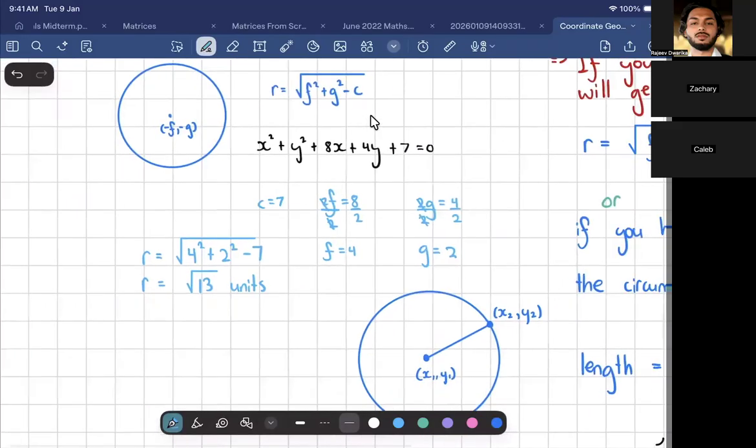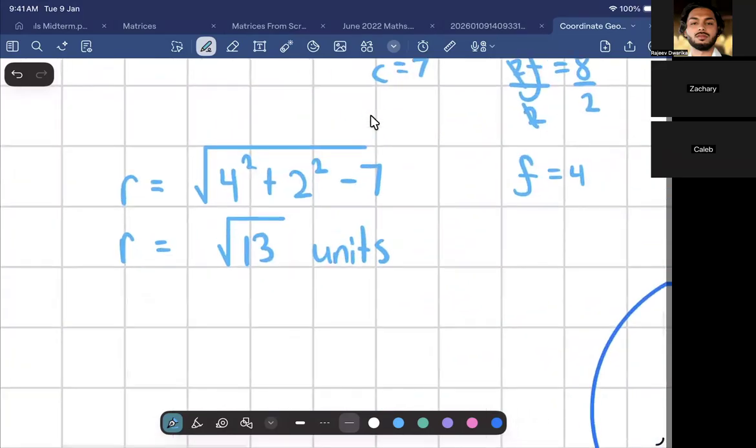Now, for the sake of practicality, the square root of 13 is approximately what? Plug that into your calculator and let me know. 3.6. Yes. Okay, cool.